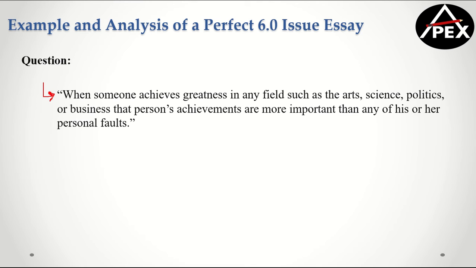The question reads as follows: when someone achieves greatness in any field as the arts, science, politics, or business, that person's achievements are far more important than any of his or her personal faults.